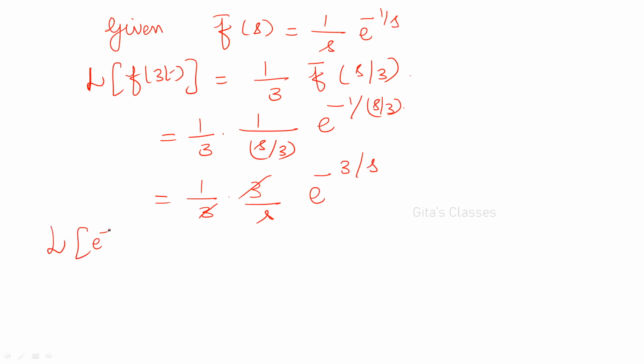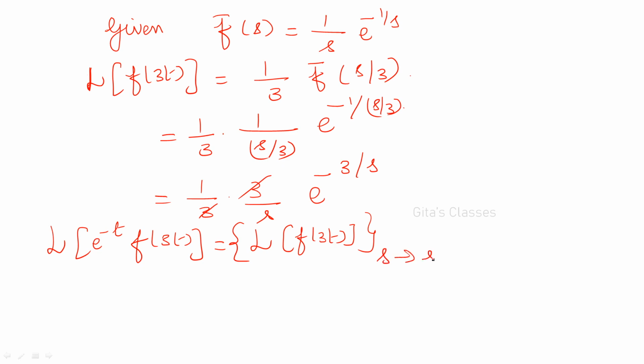But we want L of e power minus t into f of 3t, which is equal to L of f of 3t in which s should be replaced by s plus 1, because it is multiplied by e power minus t, by using the first shifting theorem. S should be replaced by s plus 1.